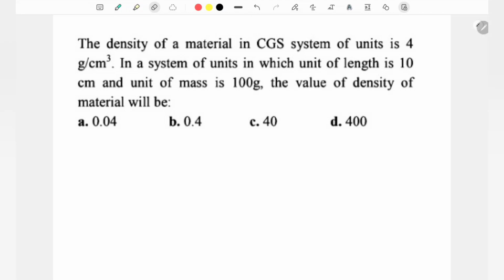From this principle we can write n1 u1 is equal to n2 u2. Here is the CGS system in which the unit of mass is gram and the unit of length is centimeter.